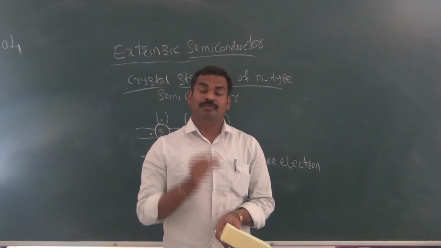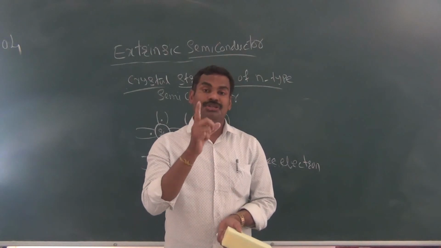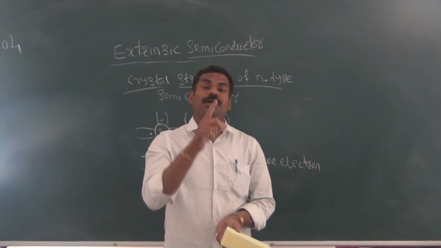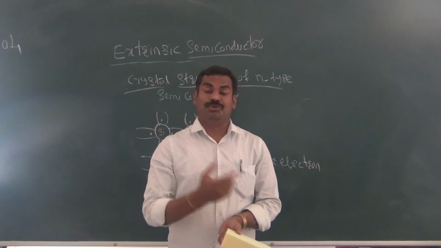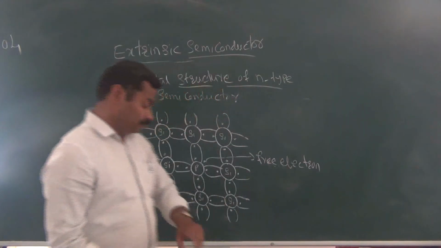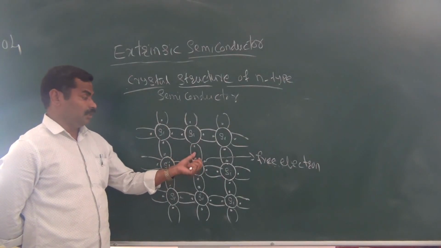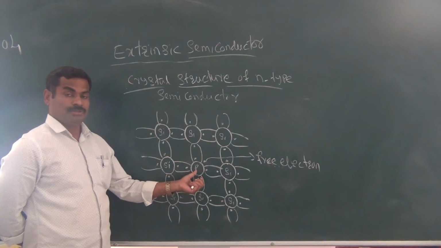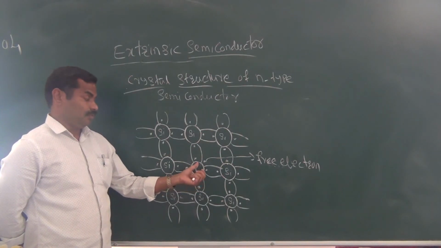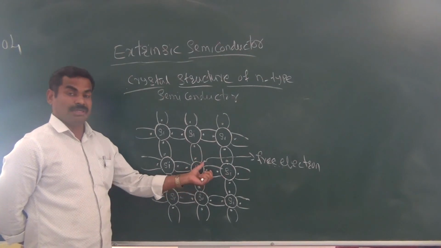And keep it in mind, while adding the impurities, don't disturb the crystal structure. The crystal structure will be continuous. You add a very small amount of impurities to the pure semiconductor. In the pentavalent impurity we have 1, 2, 3, 4, 5 valence electrons.